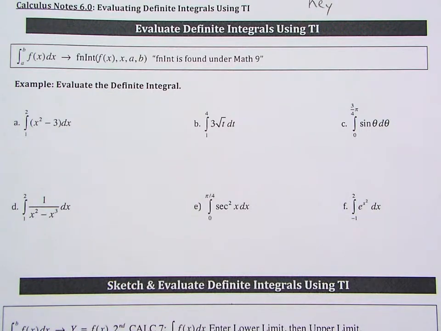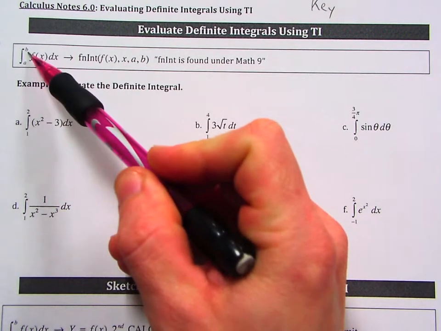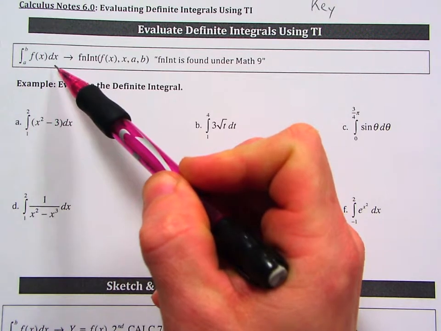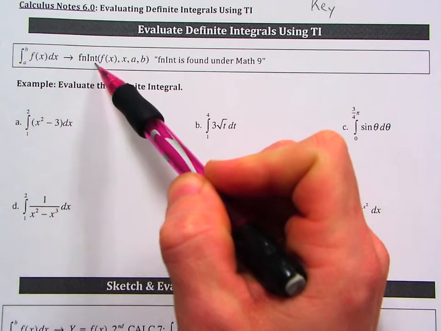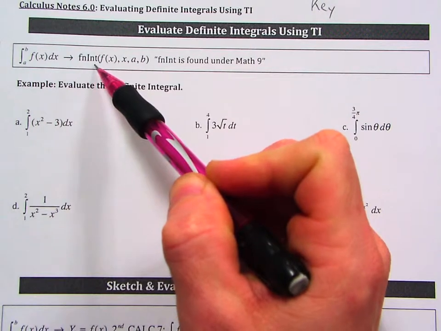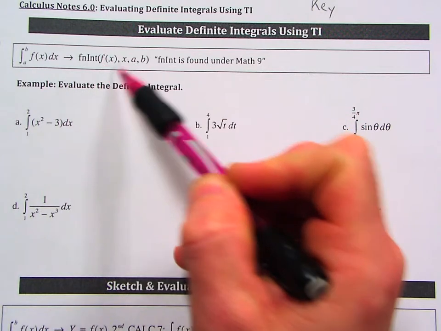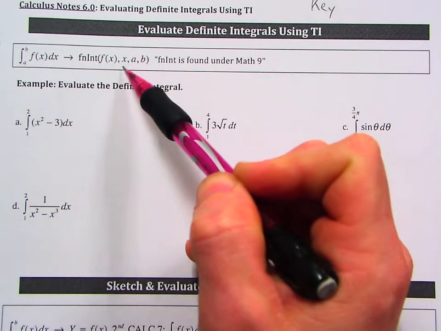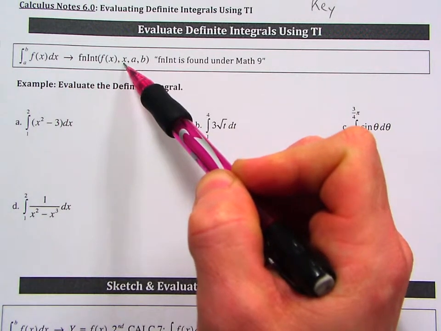Here we have a definite integral in the form from a to b of a function of x with respect to x. In the TI calculator there's a function called fnint, which is the integral function. We type this in, enter our function f of x, put a comma, and then put which variable we're integrating with respect to.